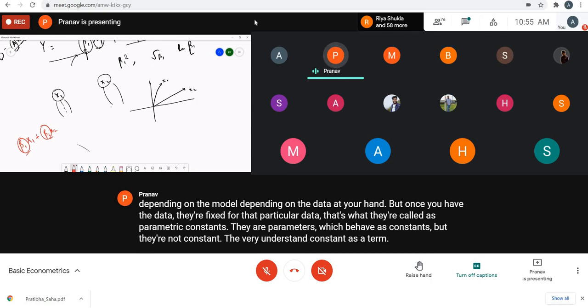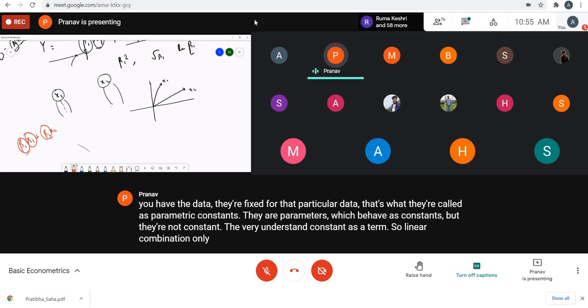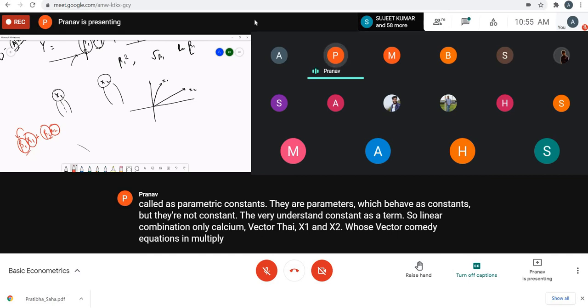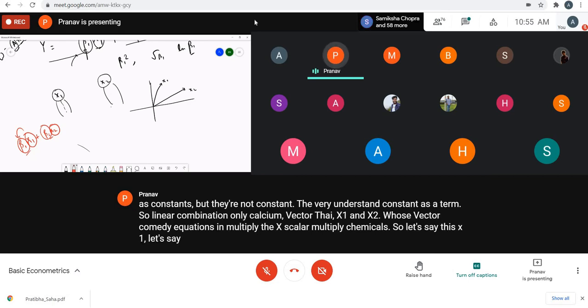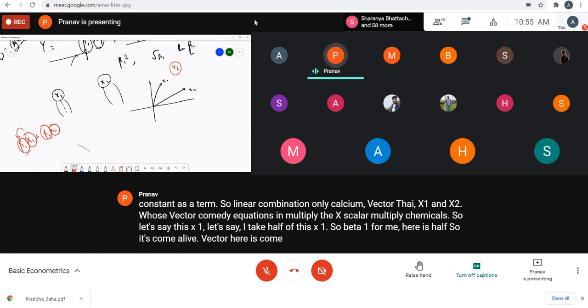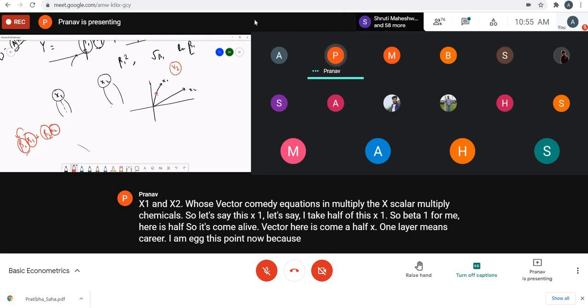So linear combination में हमने क्या देखा, मेरे पास दो वेक्टर थे x1 and x2. उस वेक्टर को मैंने एक कोएफिशिएंट से मल्टीप्लाई कर दिया, एक स्केलर मल्टीप्लाई किया मैंने उसको. So let's say I take half of this x1. So beta1 for me here is half. इसका मतलब क्या हुआ, ये मेरे पास वेक्टर है, इसका मैंने half x1 लिया, means I am at this point now because I have just reduced this vector by half.